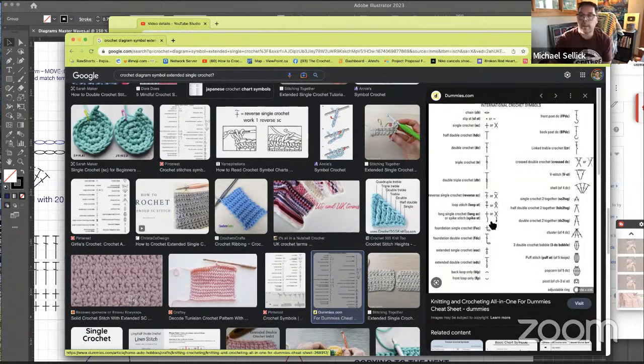Somebody just said it's like a spike stitch foundation there. Oh, there it is. It's with the circle underneath.